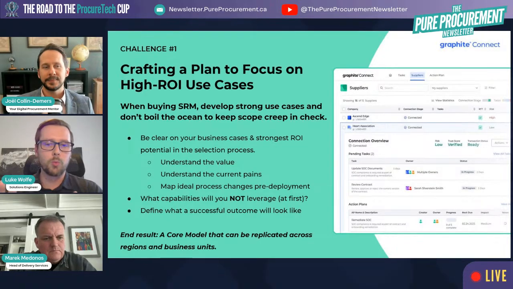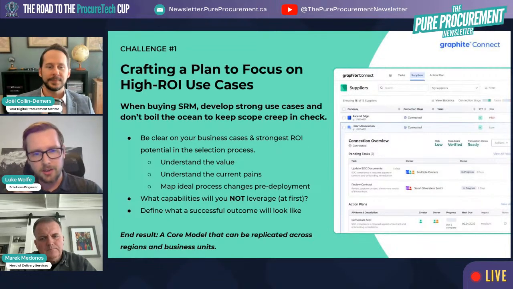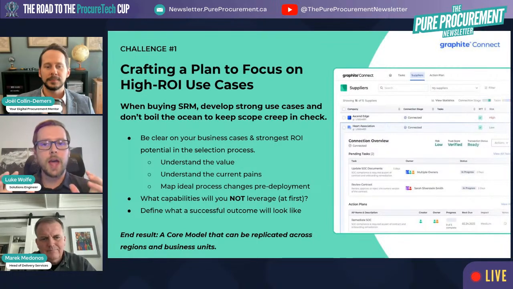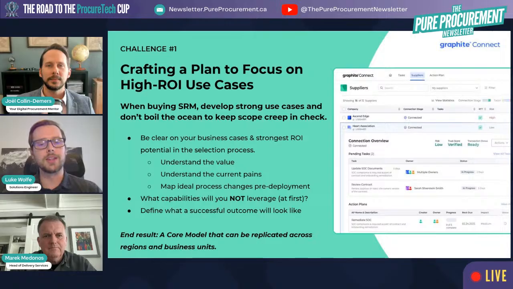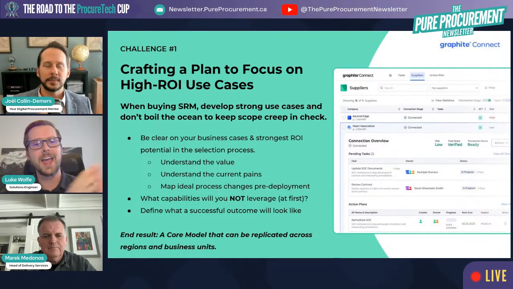And so what we focus on, it's there at the bottom of the slide, is having that core model that the buyer side, who's implementing the technology, can focus on, can rally around, to make sure that all the right stakeholders and people are involved, and we're focusing on, again, those biggest chunks, the most important pieces, without getting distracted by, hey, how did we do it before?